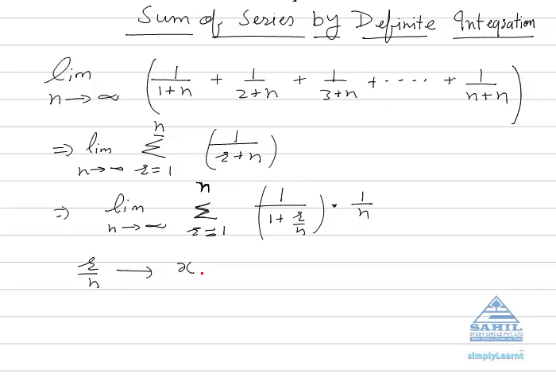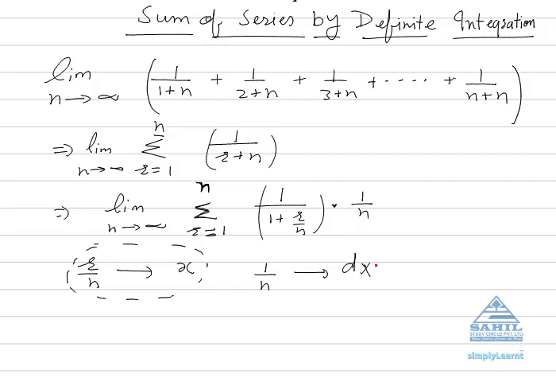Actually we are applying the concept of definite integration here. This is very important, because r by n is varying when we apply the sigma, so r by n is taken as x. Then 1 by n will be taken as dx, that is a small change in x.